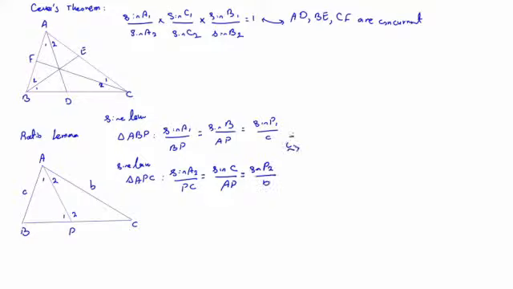Now, let's consider first only the first two fractions. Sine A1 over BP equals sine A2 over PC times sine B over sine C, because AP will be cancelled.